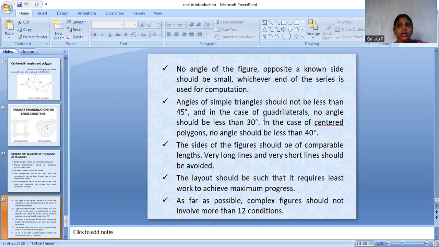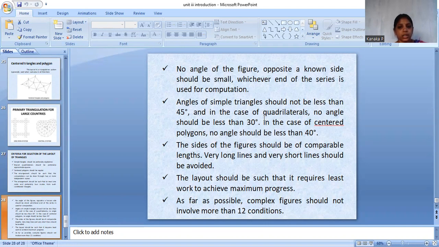The next topic is error. Errors mostly occur for some reasons, and are classified into three categories: natural error, personal error, and mistakes.